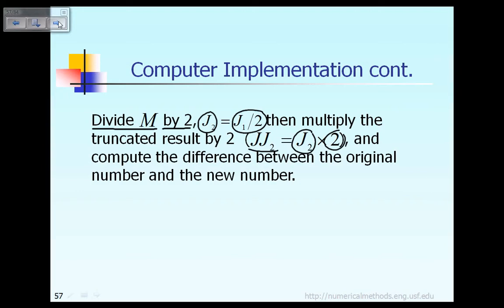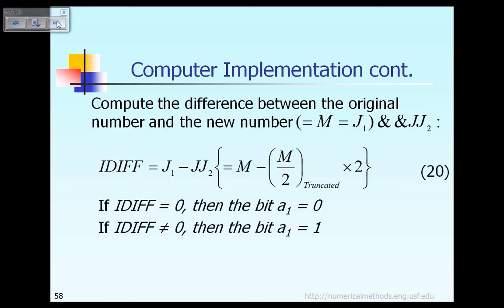Then after that, we compute the difference between the original number, which is M, and the new number JJ2 that we just computed. The difference is calculated from the original number J1.